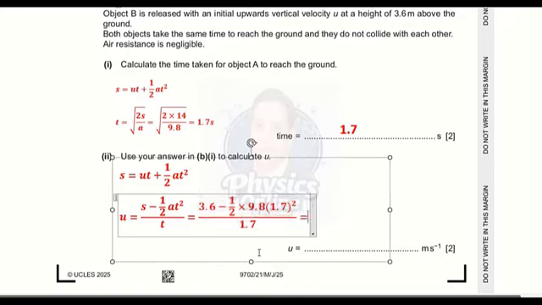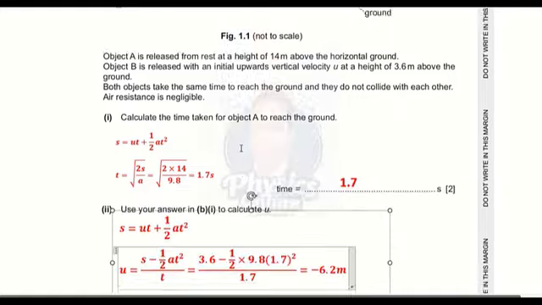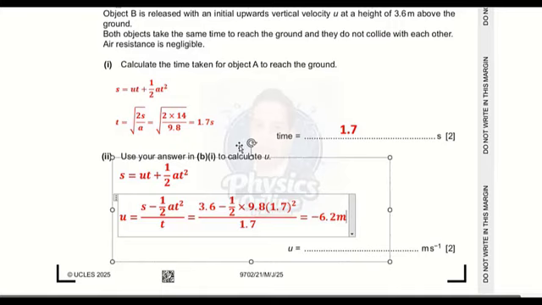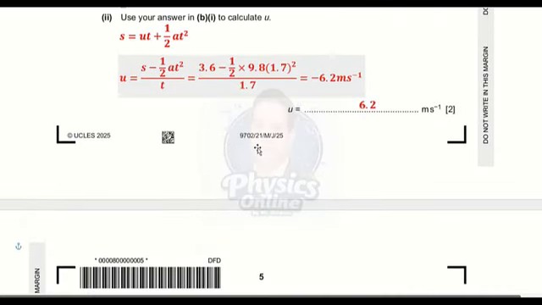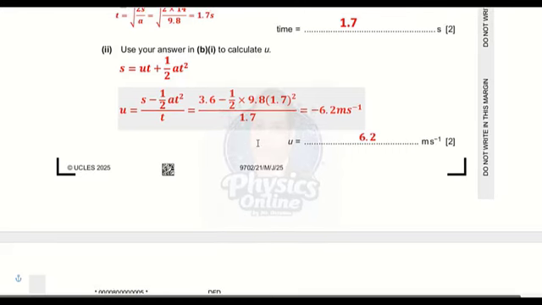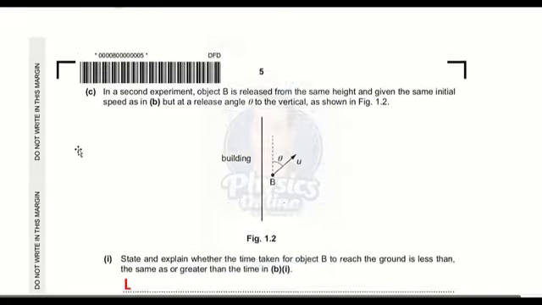It gives you the value directly, about minus 6.2 meters per second. Why minus? Because the direction of the initial velocity is upward, but the object moves downward. So u equals 6.2 meters per second, and negative is just the direction of velocity, which is upward.